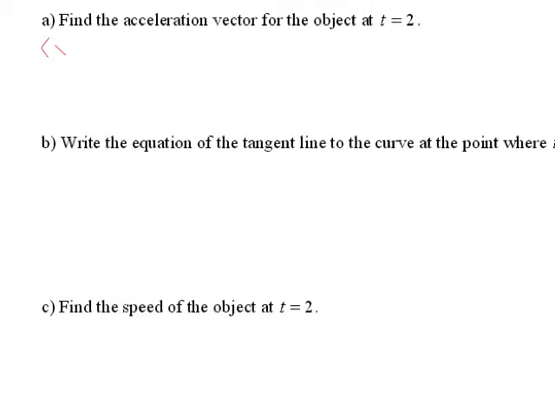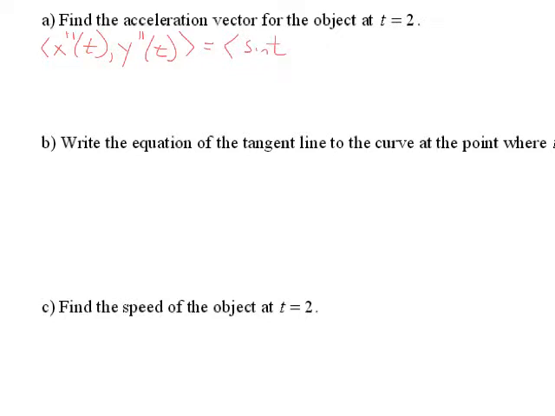So we know acceleration to be the second derivative of position. So the acceleration vector would be x prime prime of t, comma y prime prime of t. And they already give us x prime of t, so we just need to take the derivative of that. So the derivative of dx/dt, looks like we have a product rule here.